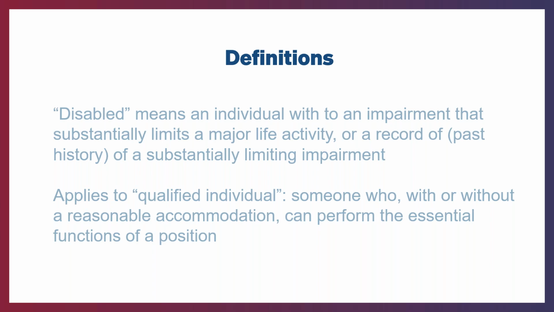So they passed the ADA-AA in 2008, and that act said that the definition of disability shall be construed in favor of broad coverage and should not demand extensive analysis.